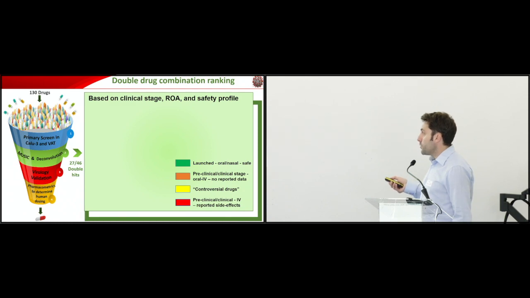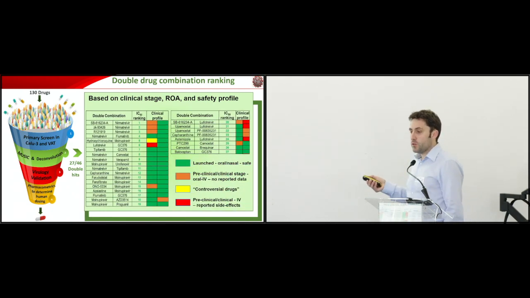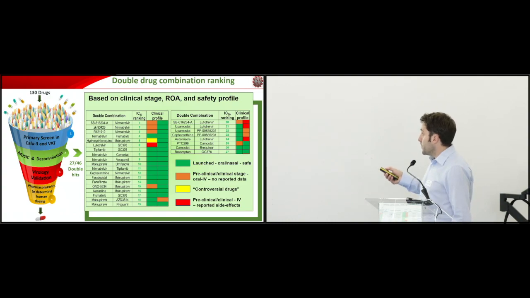And so we created a color-coded system to rank all the drugs. We had red, orange, yellow, and green, depending on these criteria. When we apply this to the 27 combinations, you can see some of the combinations appeared red and orange, so they were eliminated or not prioritized, and so on.